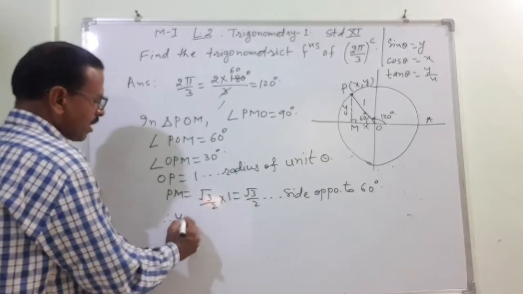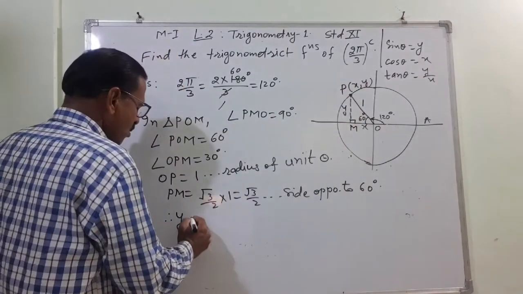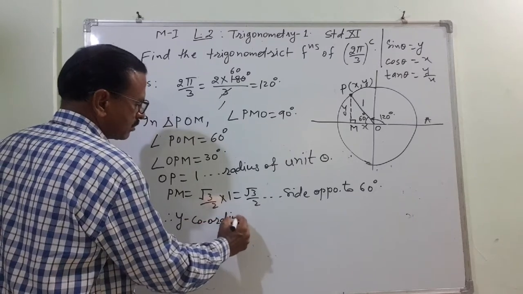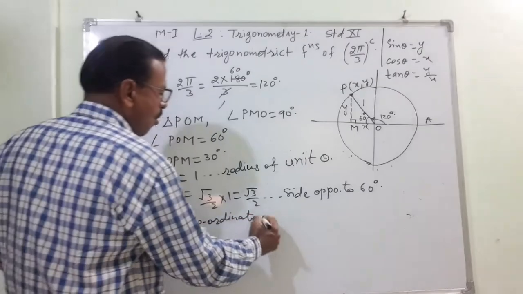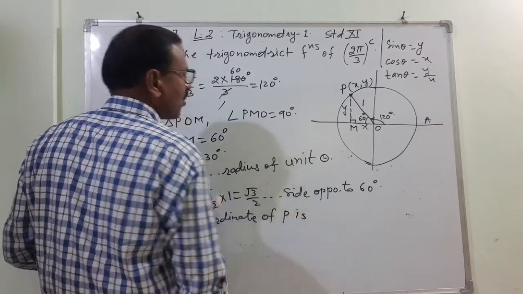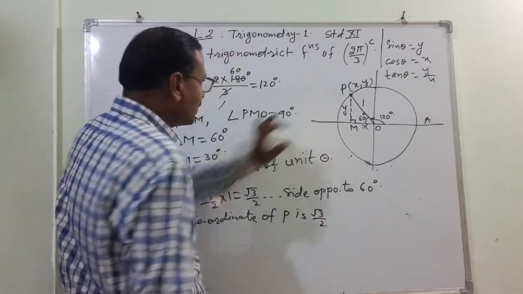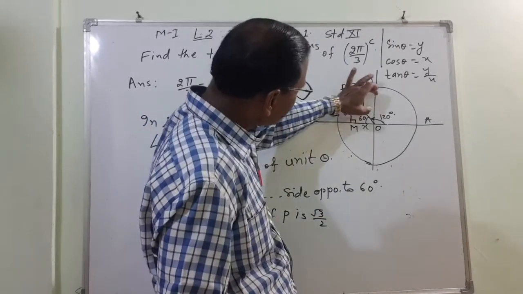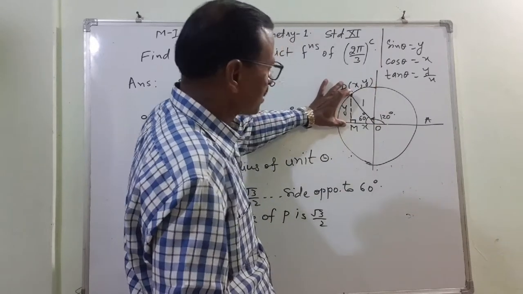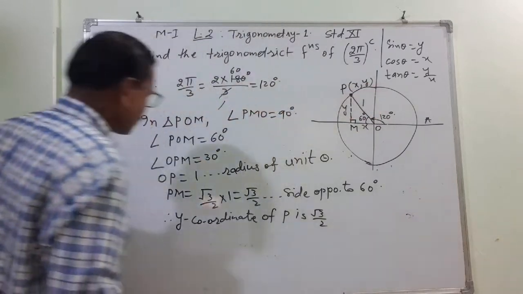Therefore, y coordinate, this is y coordinate. Y coordinate of P is what? Root 3 upon 2. This height is root 3 upon 2. That means here it is root 3 upon 2 on the y. Now this x coordinate of P I want to find.